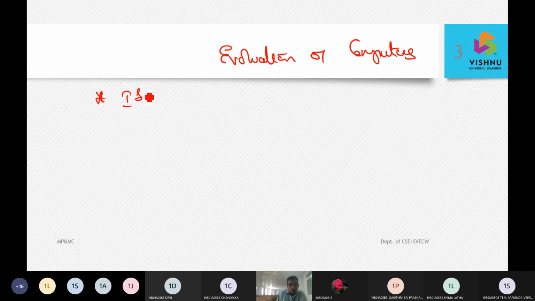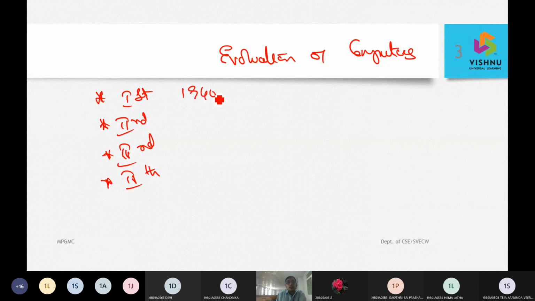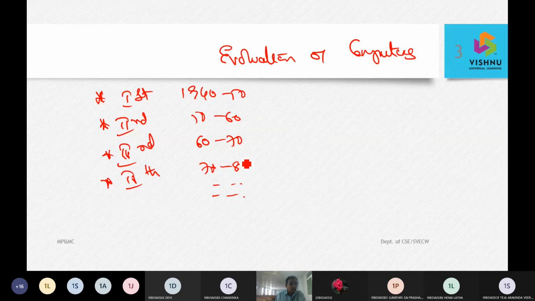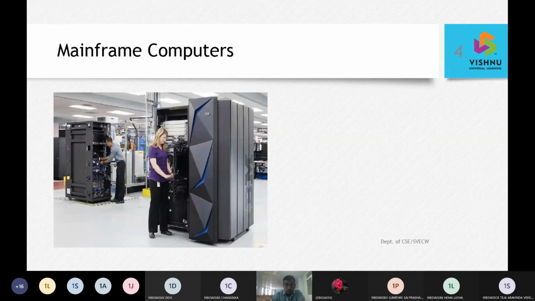It went to first generation, followed by second generation, third generation, and fourth generation. Altogether, it starts from the 1940s to 50s, 50s to 60s, 60s to 70s, and 70s to 80s, and thereby now we witness a lot of changes in the evolution of the computers.